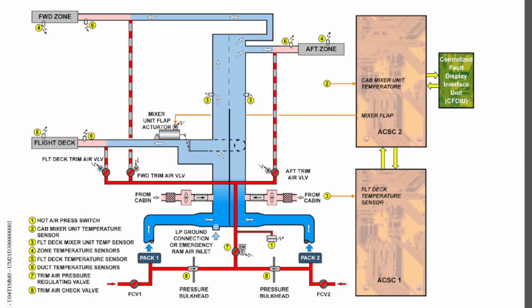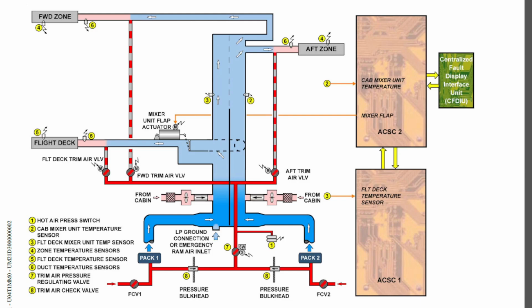And these recirculation fans, I told you, will continue to run when the aircraft is powered. So whenever you power up the aircraft, these recirculation fans will start and continue to run at a constant speed. And you can see that there are filters.